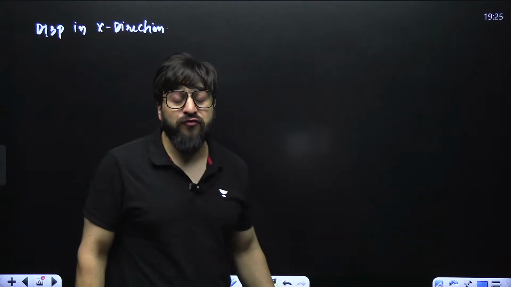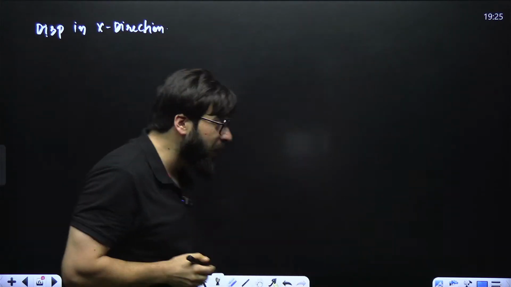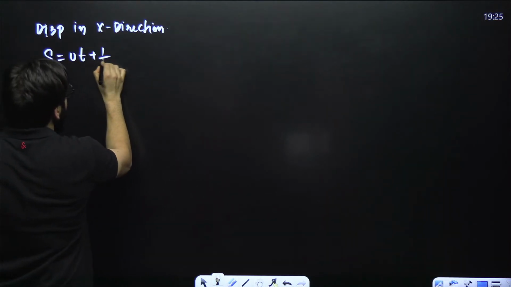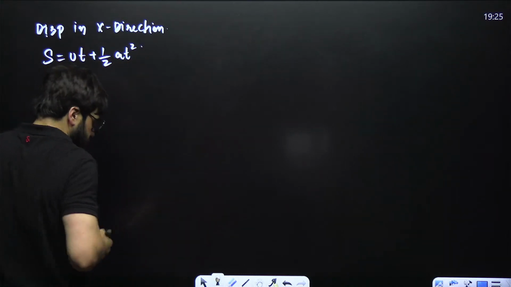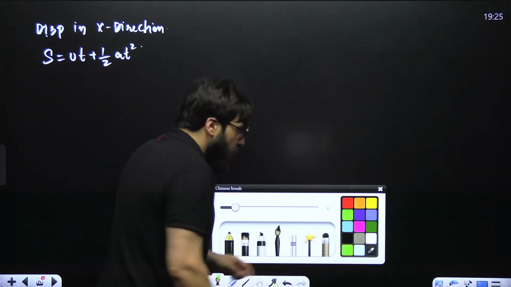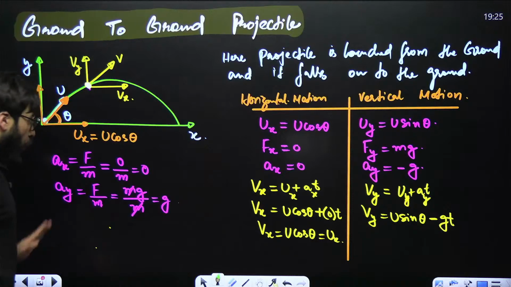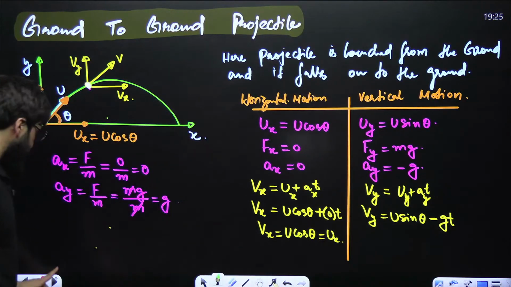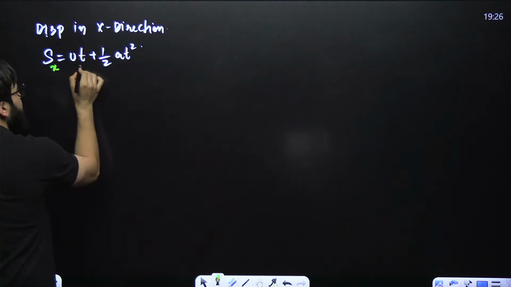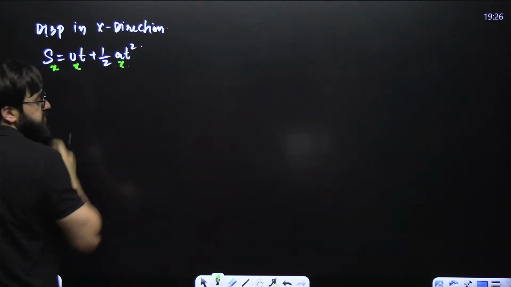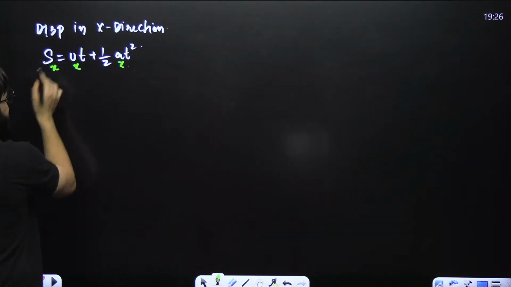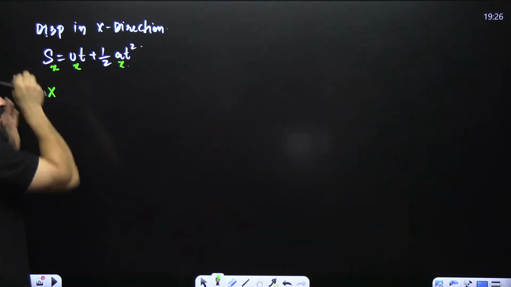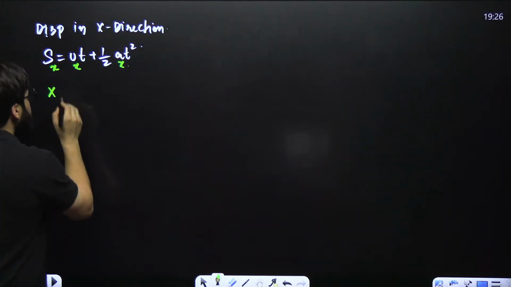Guys, in order to find the displacement in x direction, we use one formula. What is that? S is equal to ut plus 1 by 2 at square. Since we have to find how much horizontally it has displaced, we'll use this equation in x direction. So displacement in x direction, let that be sx.